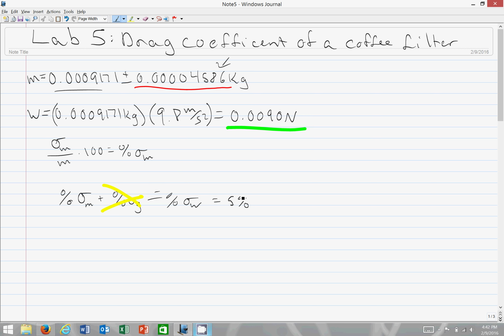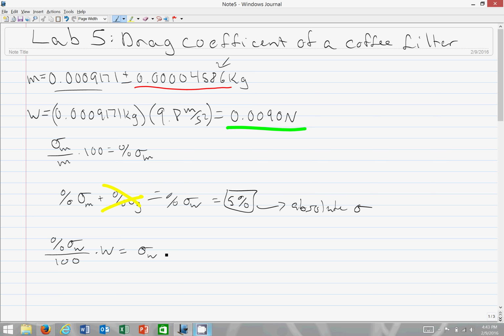Now I need to get this number back into an absolute uncertainty, and I'll do that by this formula: percent uncertainty in my weight divided by 100 times my weight is equal to the absolute uncertainty of my weight.